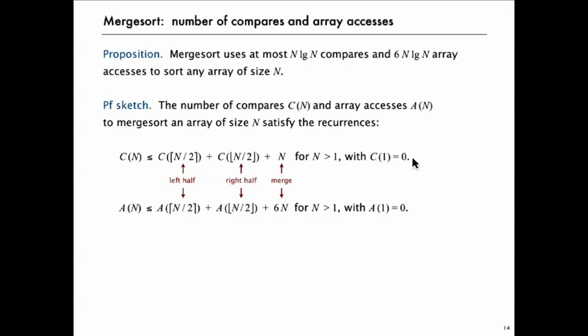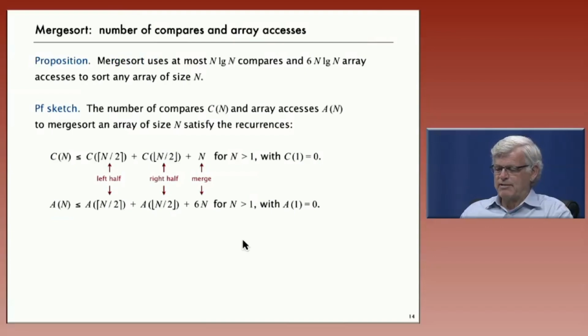So this is a mathematical formula that we derive by examining the code, but it completely describes mathematically an upper bound on the number of compares that are going to be needed. And similarly for the number of array accesses, if you count up the number of times you're accessing an array for a merge, it could be at most 6n. So these are mathematical formulas, and there are techniques for solving them, and we won't go into that.